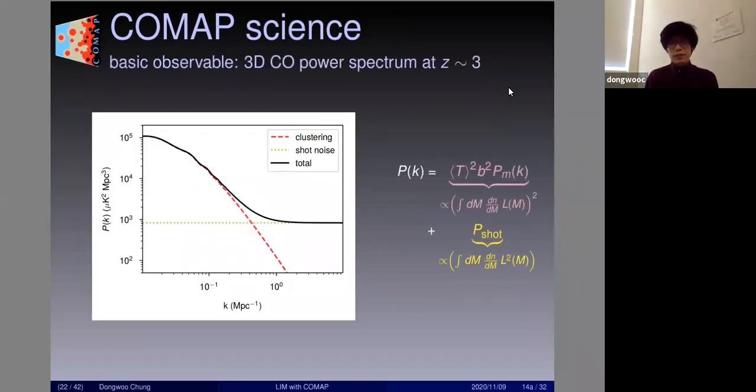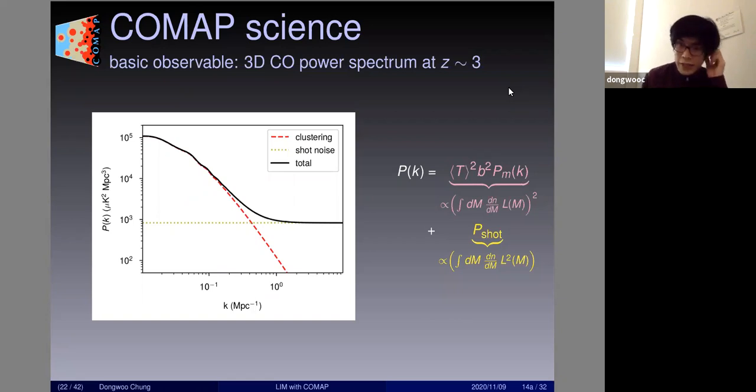And so what we're trying to observe is the CO fluctuations, the CO line fluctuations at redshift 3. Mostly the way we encapsulate that as an observable is as the CO power spectrum, the power spectrum of the CO temperature field at this redshift. Here's a model P(k) for illustration. You have the clustering component that dominates at low k, at the larger scales.